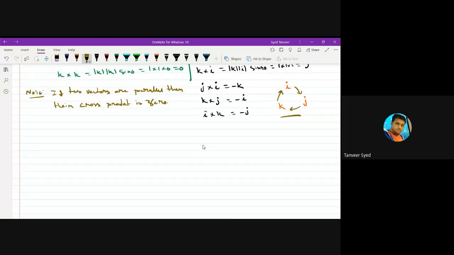Fine. Next, another thing. Suppose vectors are given in component form, then how do you find the cross product of them?